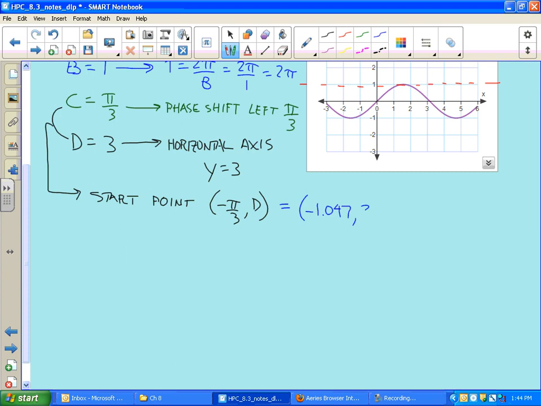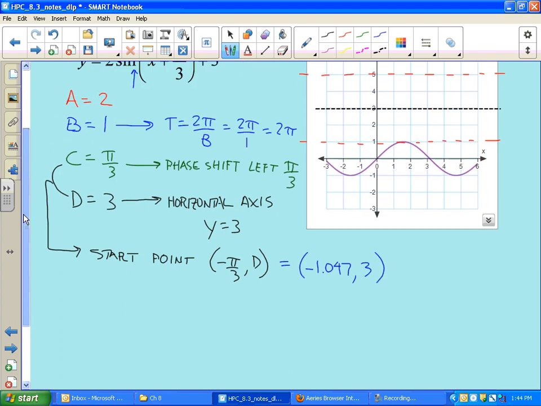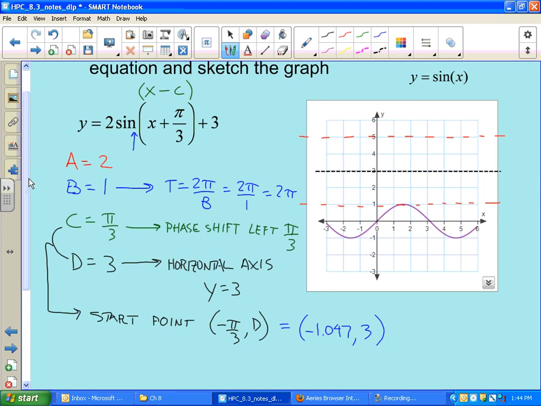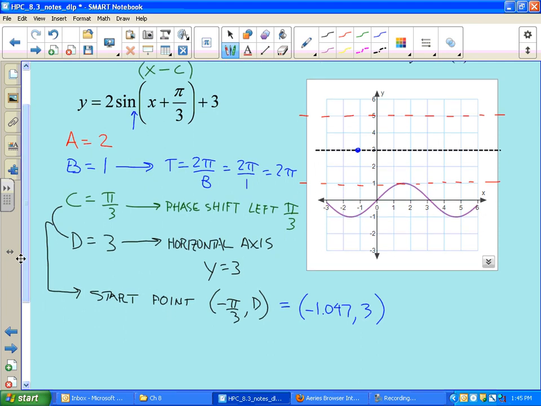And then our D value is a 3. So that's where we're going to start, negative 1.047. How do I find the rest of my curve? That's a great question. How do you think I'm going to find my other points?